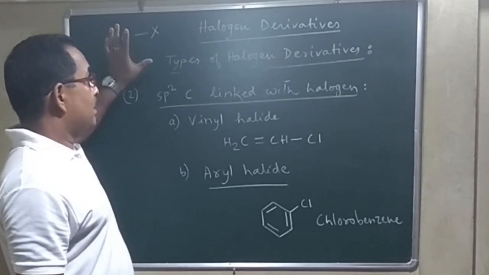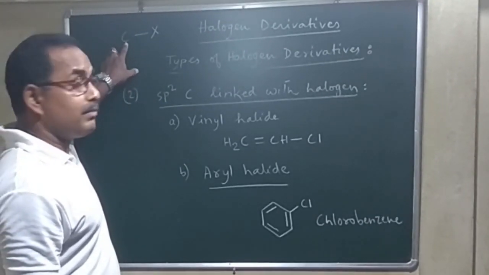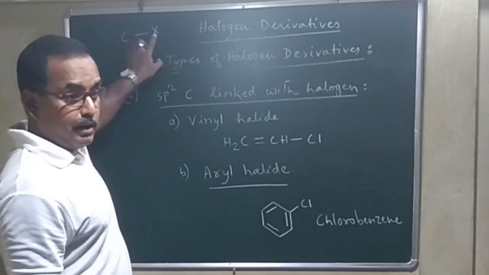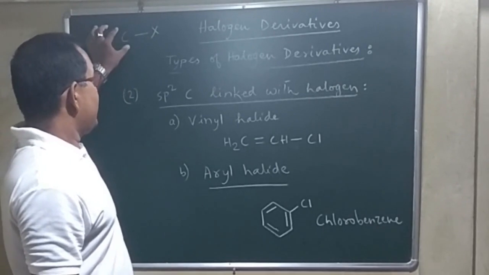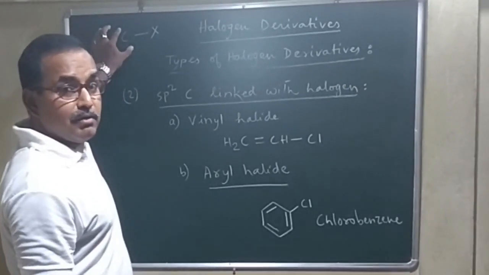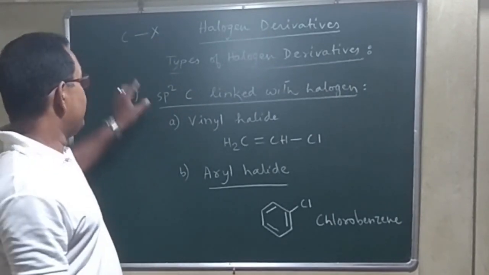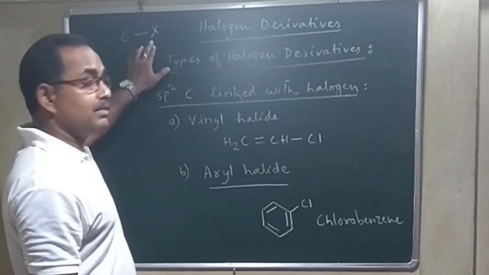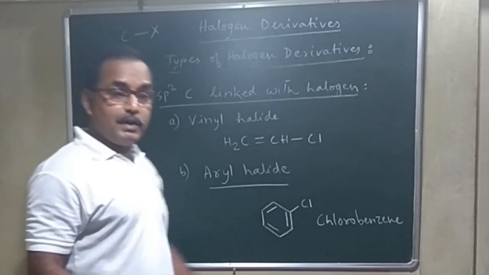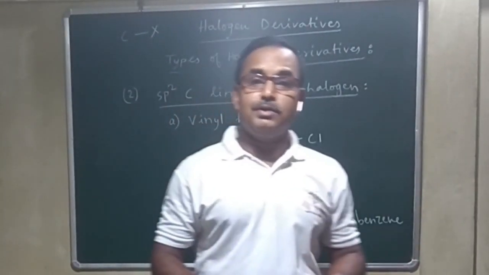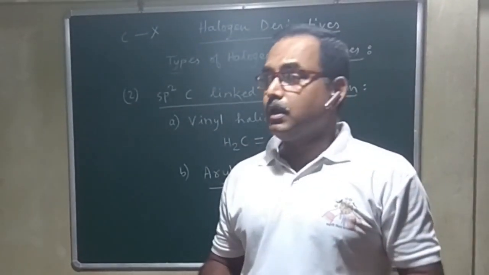So broadly we have 2 types. One is sp3 carbon linked with halogen, and the other is sp2 carbon linked with halogen. When sp3 carbon is linked with halogen, we have 3 subtypes, and when sp2 carbon is linked with halogen, we have 2 subtypes.